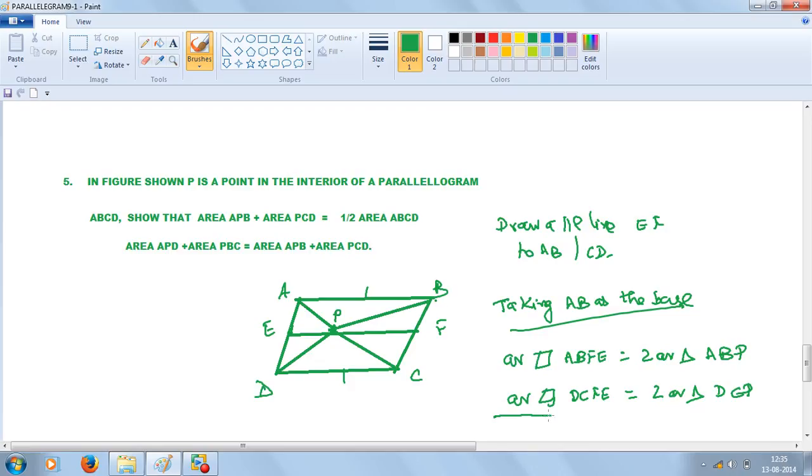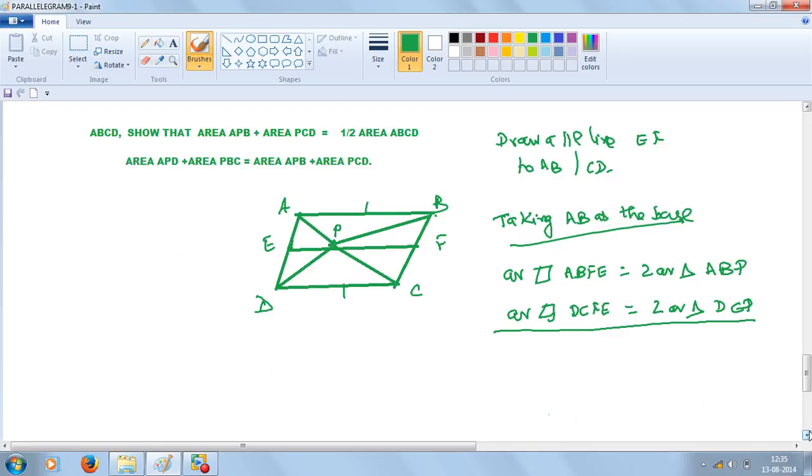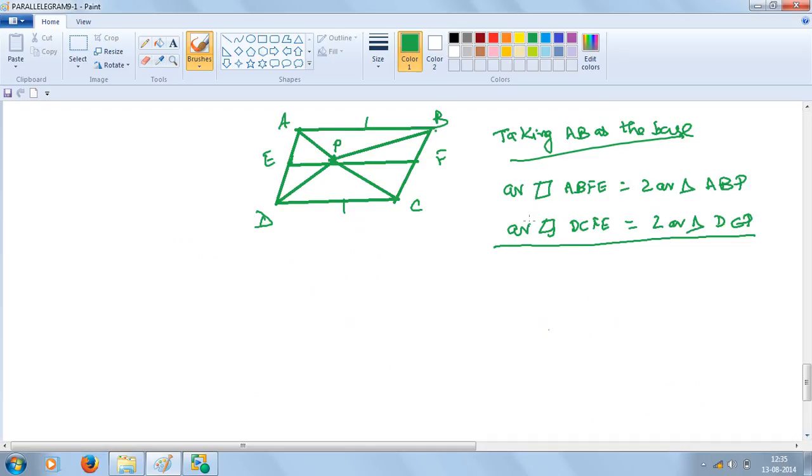If you just add these two, we get the area of the parallelogram ABCD is equal to 2 times the area of these two triangles, ABP plus DCP.